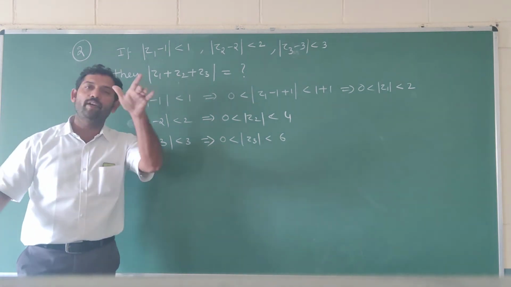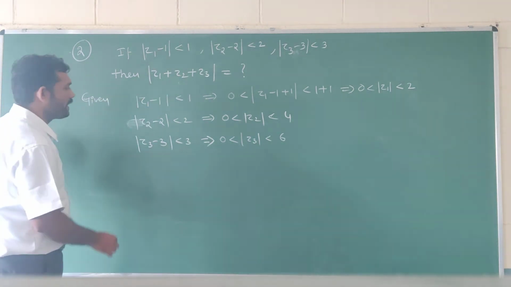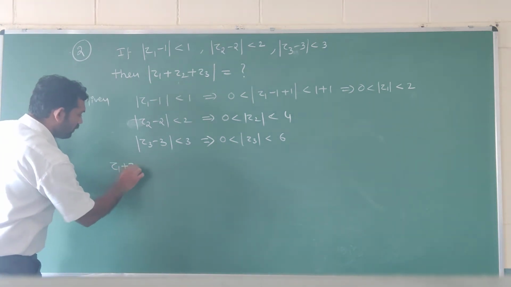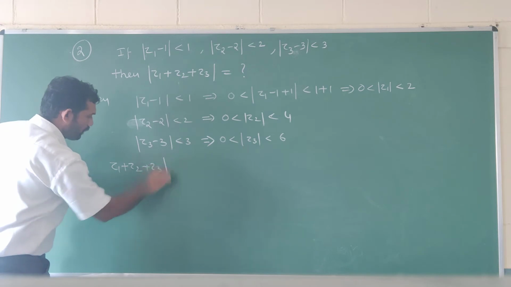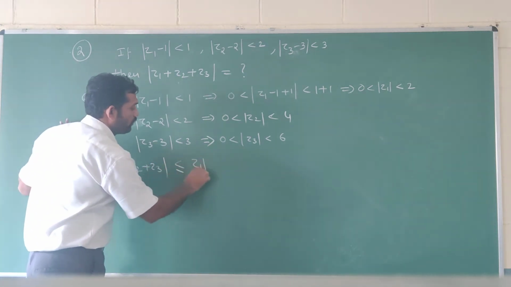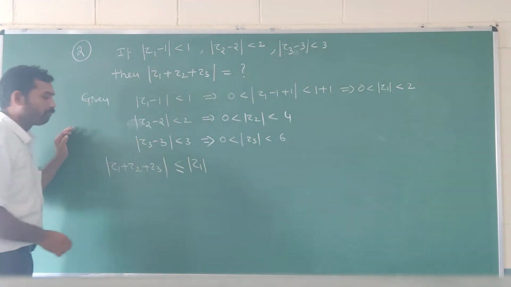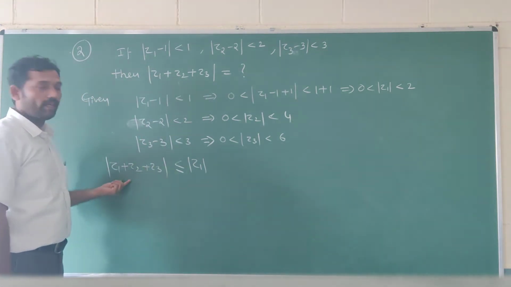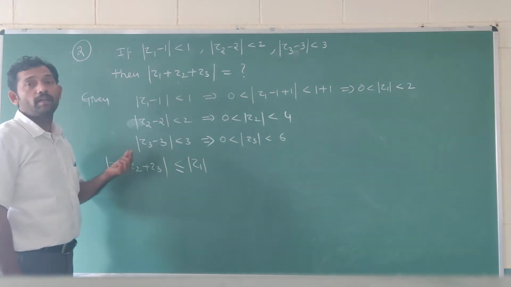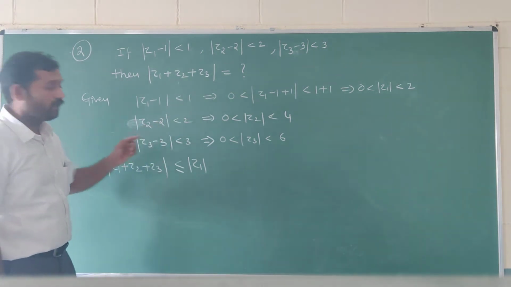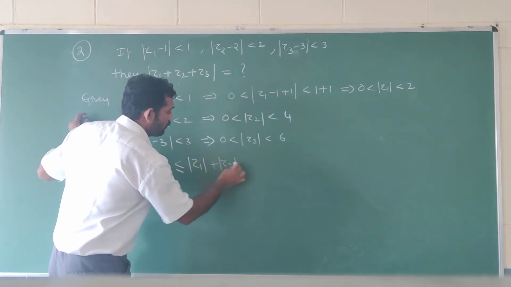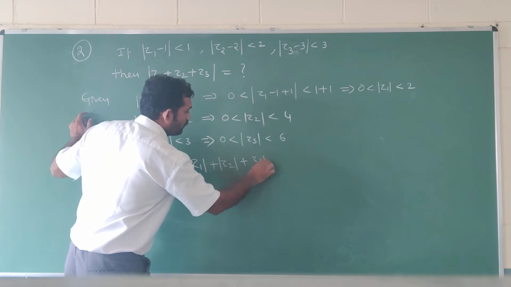Now you have to consider your finding value. What is our finding value? Modulus of z1 plus z2 plus z3. So you have the first inequality formula: modulus of z1 plus z2 plus z3 is less than or equal to modulus of z1 plus modulus of z2 plus modulus of z3.